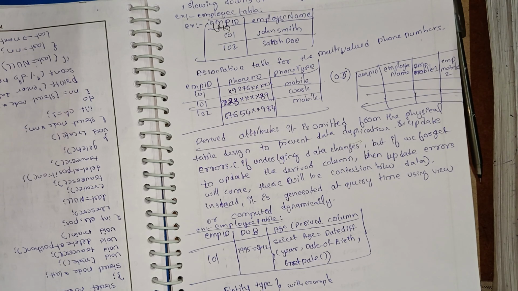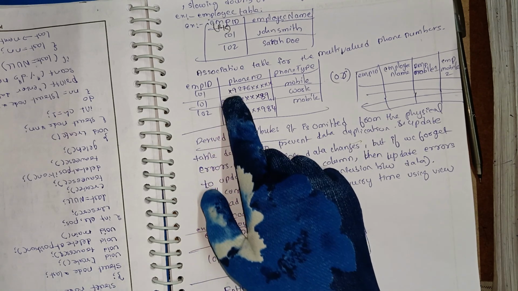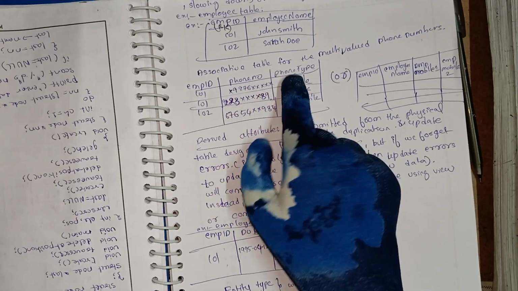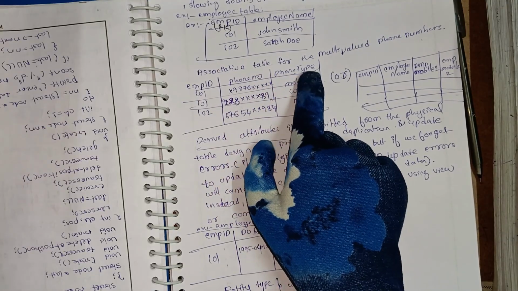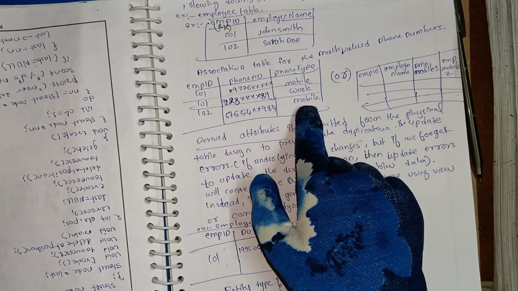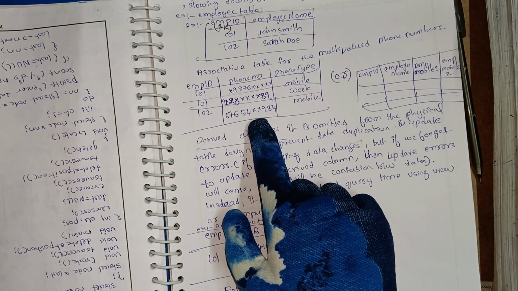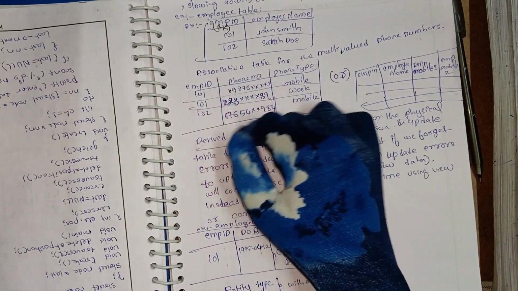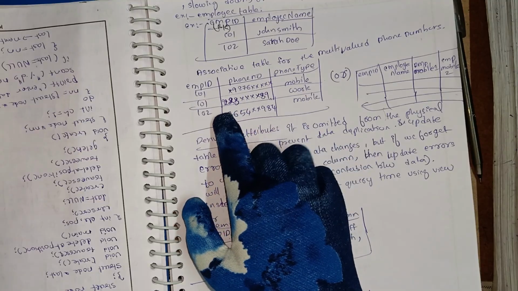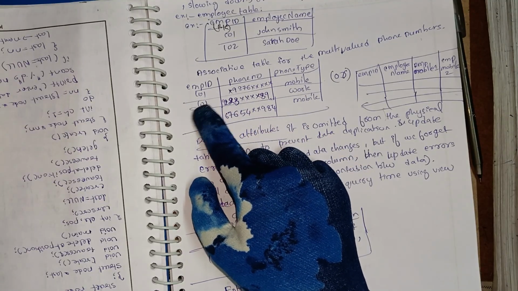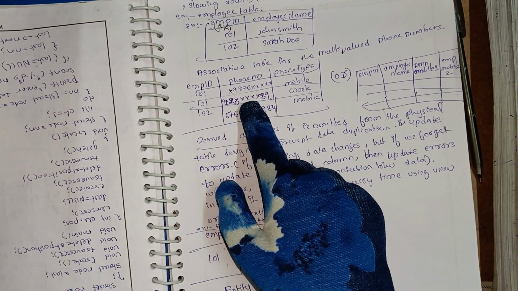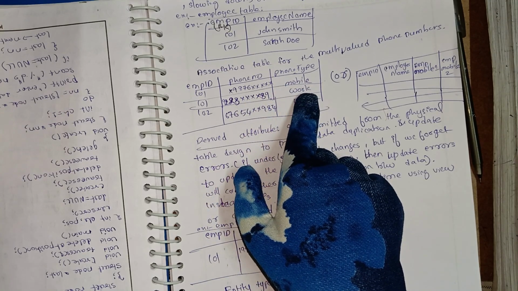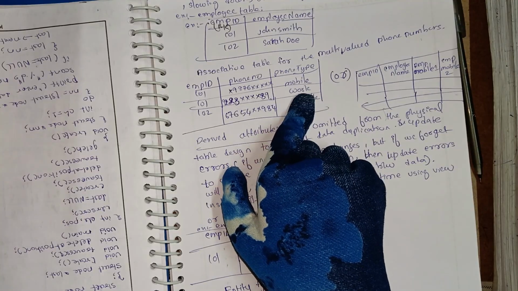Relationship means the association between two entities, and an associative table holds the relationship plus its own attributes, that is phone type. So here we are presenting different mobile numbers using a separate table, which is an associative table. This employee ID 101 has two numbers, one which works for mobile and one for work purposes.